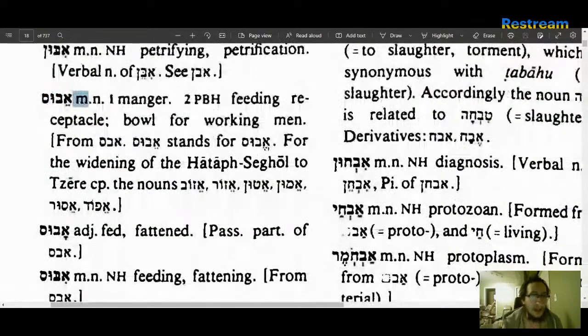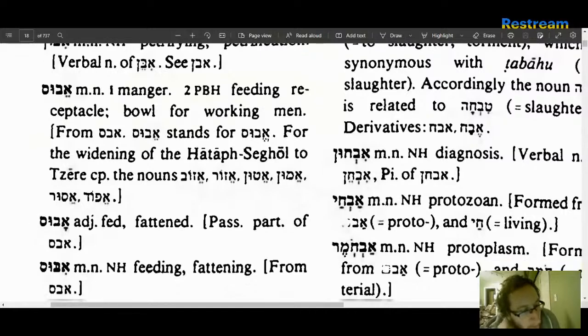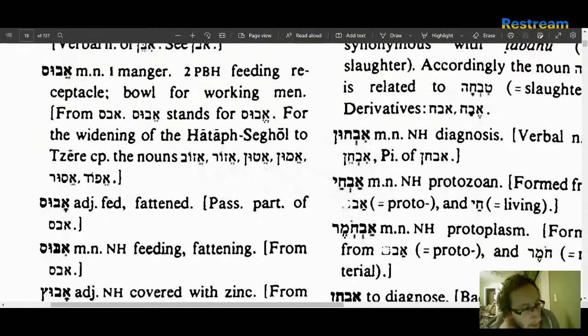So they say it means manger. Post-biblical Hebrew, it's a feeding receptacle, a bowl for working men. So it seems like in the older usage it was used for animals, but here we see it can also be used in later Hebrew for men who work as well. And then this is related, fed or fattened, feeding or fattening.